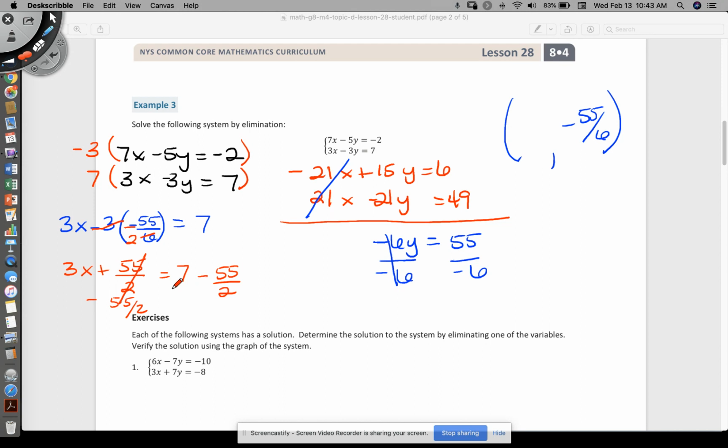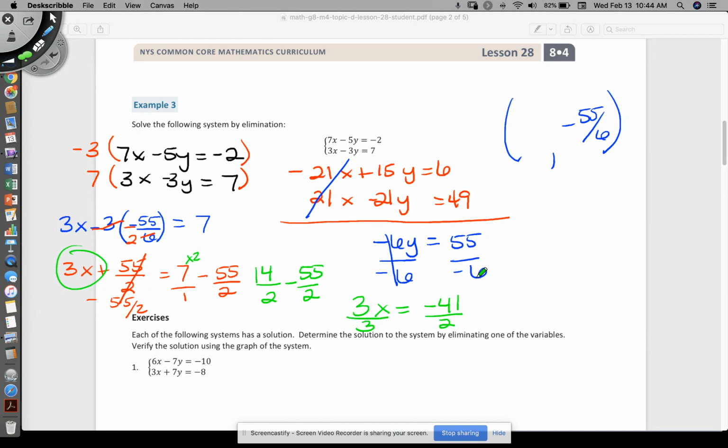These cancel. Now this is a 1 under here, so I need it to be a common denominator. So I'm going to multiply this whole thing by 2, which is going to give me 14/2 minus 55/2. Now I can actually subtract those, and I get, I'm going to bring over my 3x here. 3x equals -41/2.